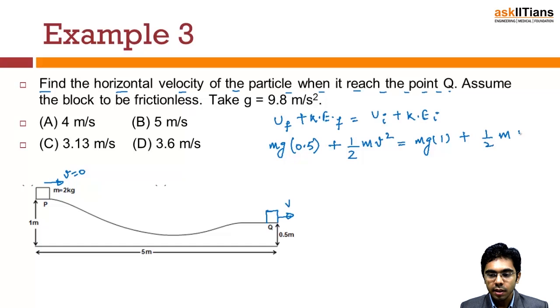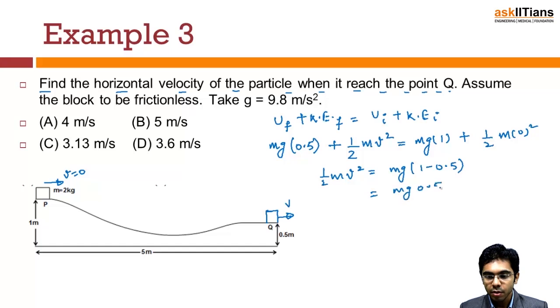So half m v squared is equal to mg times (1 minus 0.5), which is mg times 0.5.